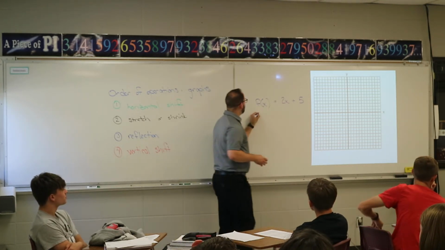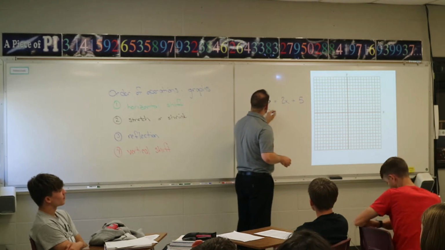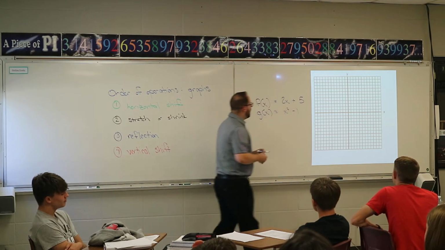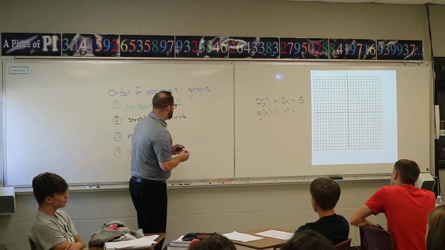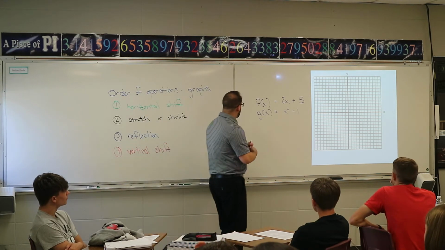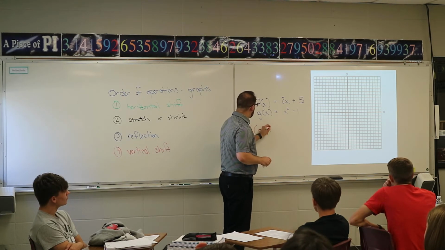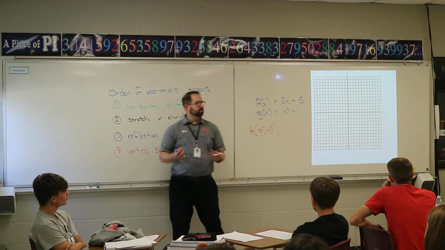And you have another function, which is g(x) = x squared minus 1. I can do a composite thing where I want f of g of negative 1. That's a composite function.